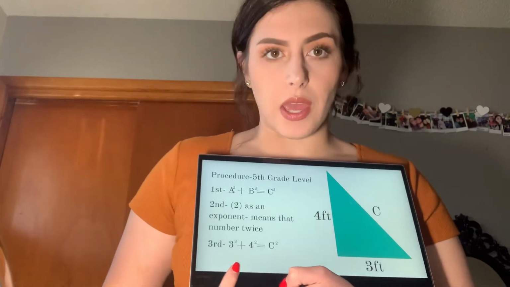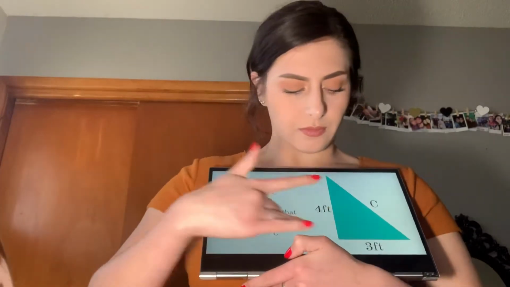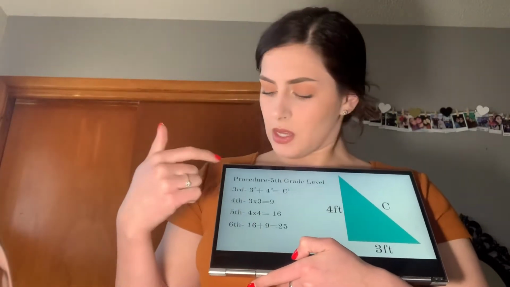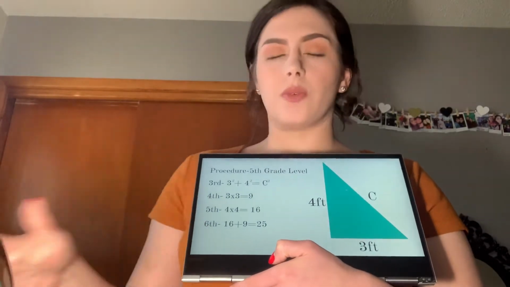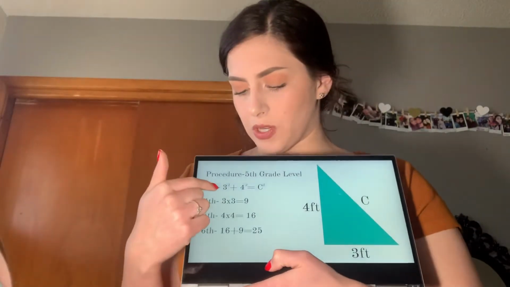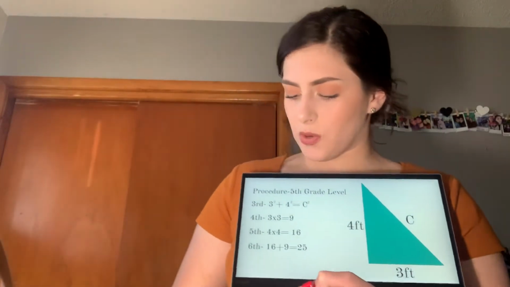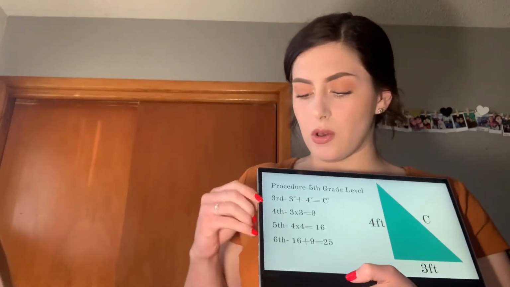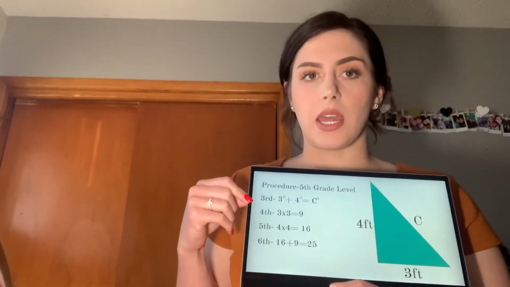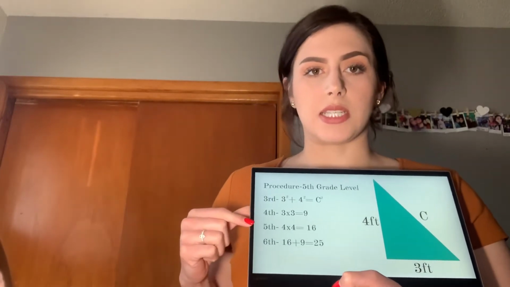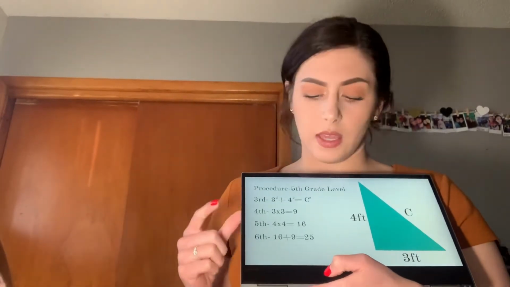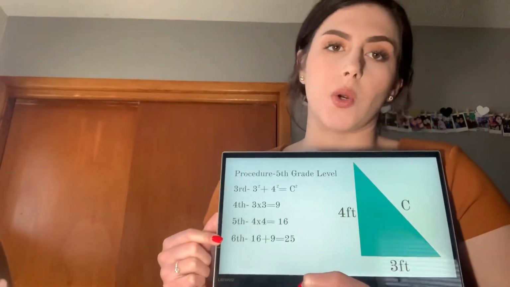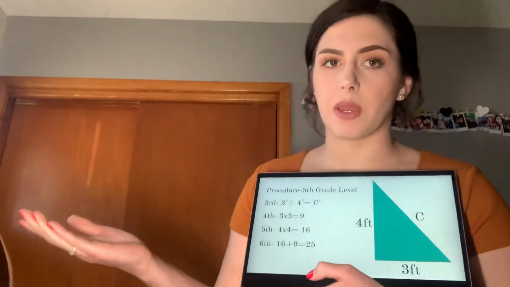So we know a is 3 and b is 4, and we need c. Next, we would keep the formula, 3 squared plus 4 squared equals c squared, but the kids will know 3 times 3 equals 9, and 4 times 4 equals 16. And they know 16 plus 9 equals 25. At a 5th grade level, they would be able to solve this.